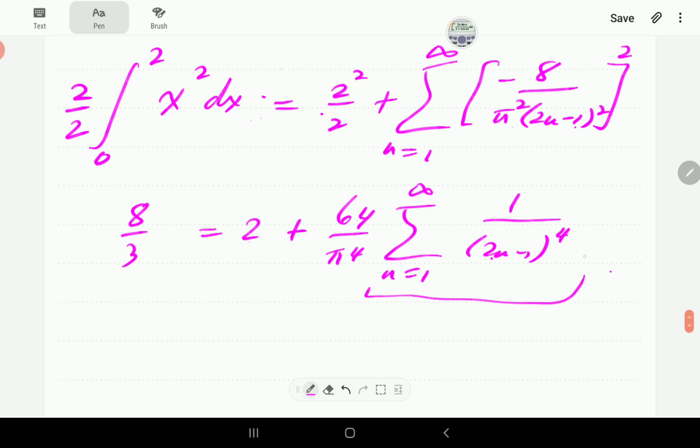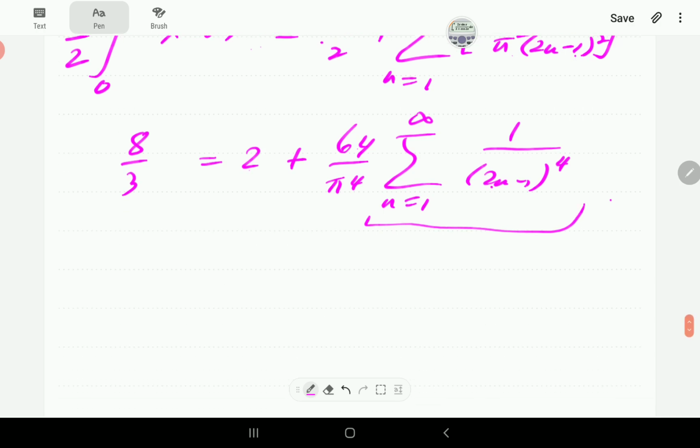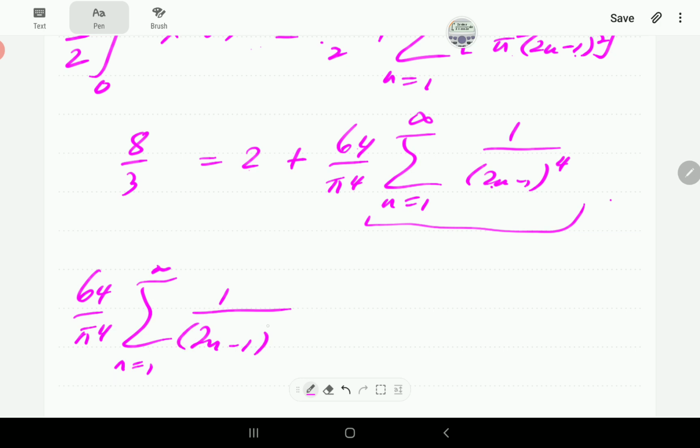So I want to make this the subject of the formula. So if we bring 64 over pi to the power 4 to this side, the sum of 1 over 2n minus 1 to the power 4 is going to be 8 over 3 minus 2. 2 is 6 over 3, so it's going to be 2/3.